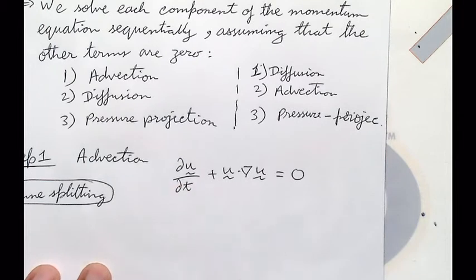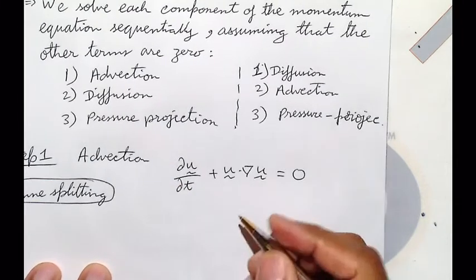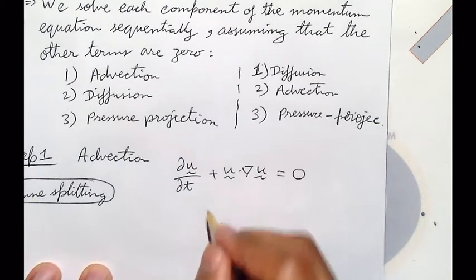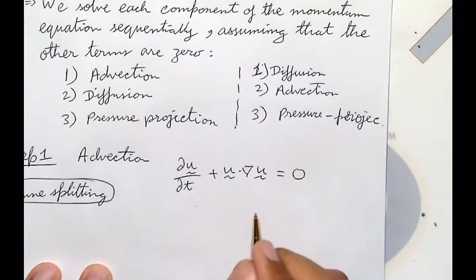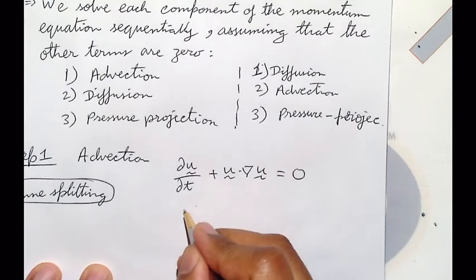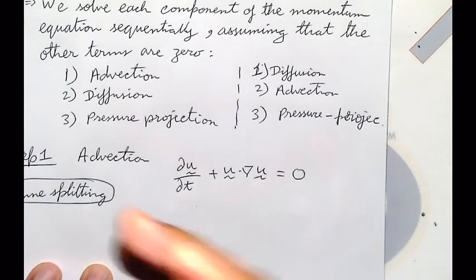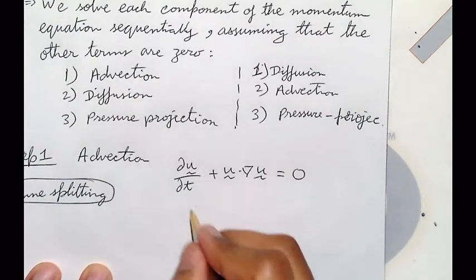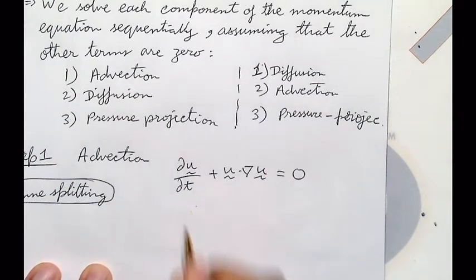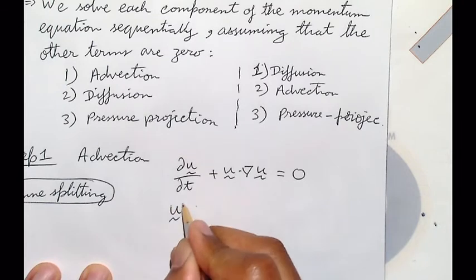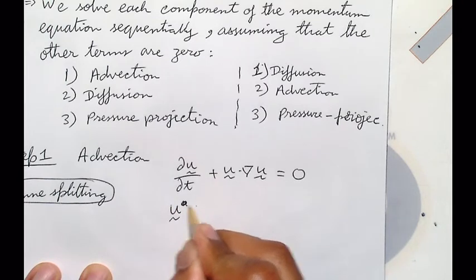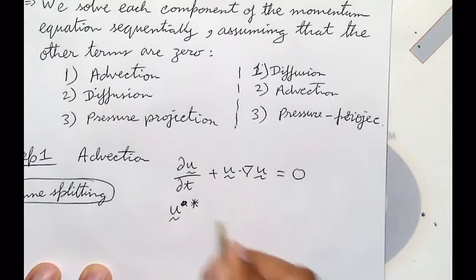So let's see. If we do this, we know how to solve this, right? This is the advection equation. And we know how to solve the 1D advection. We talked about this a while ago. So when we do this, you might do u^n, no, not n plus 1. Now this is a u star.